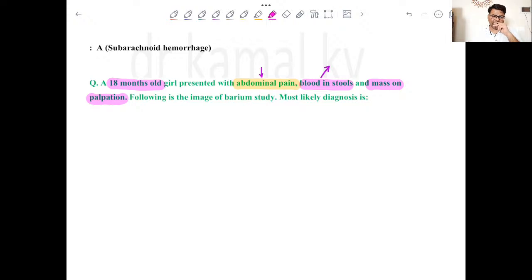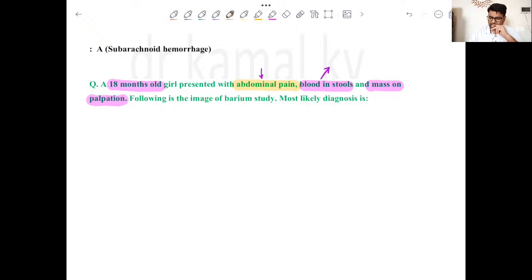Yes, very good, Ishan. Very good, Vipin. So this is red currant jelly stools of intussusception. And then there is of course a mass on palpation, and that is because of the lump which is formed because of intussusception.